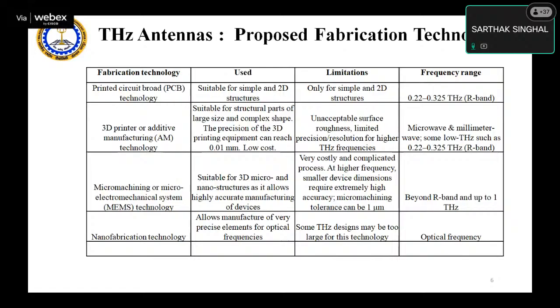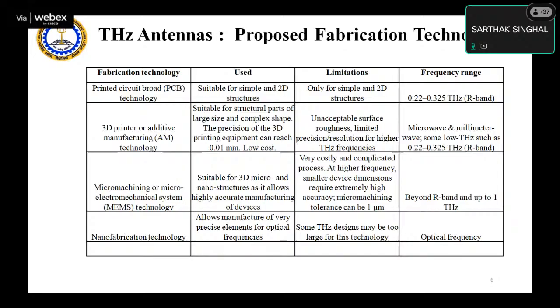Then comes your 3D printers or the additive manufacturing technology, which are suitable for fabricating structural parts of large size and complex shape. It is suitable for printing or fabricating 3D geometries also, but only up to a precision of 0.01 millimeter.